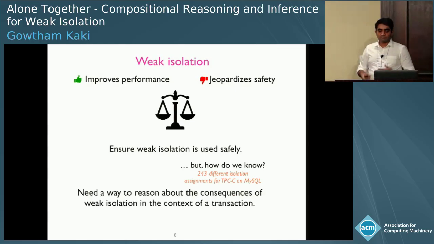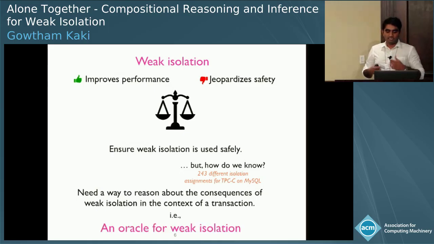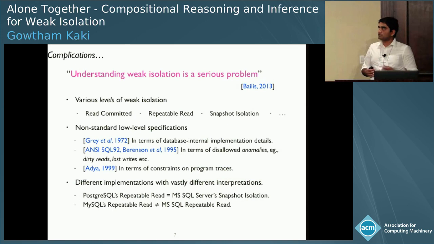So what we need is a way to reason about individual transactions in the context of safety under weak isolation. That is, we need an oracle for weak isolation. But this is not so simple, since understanding weak isolation is a serious problem.